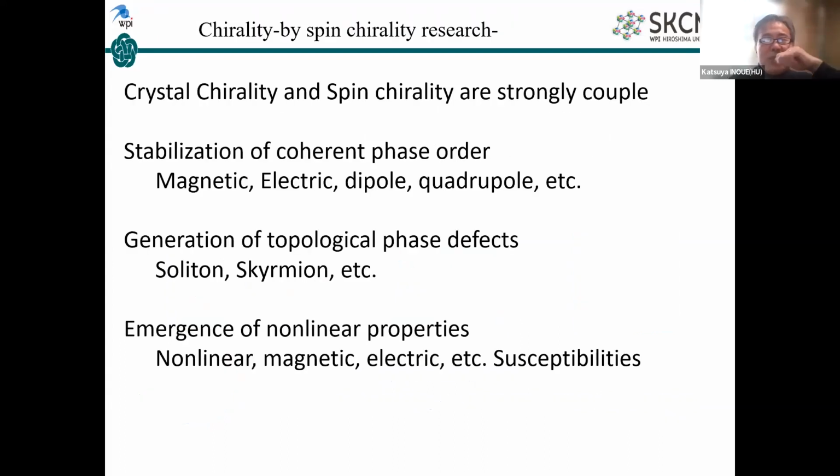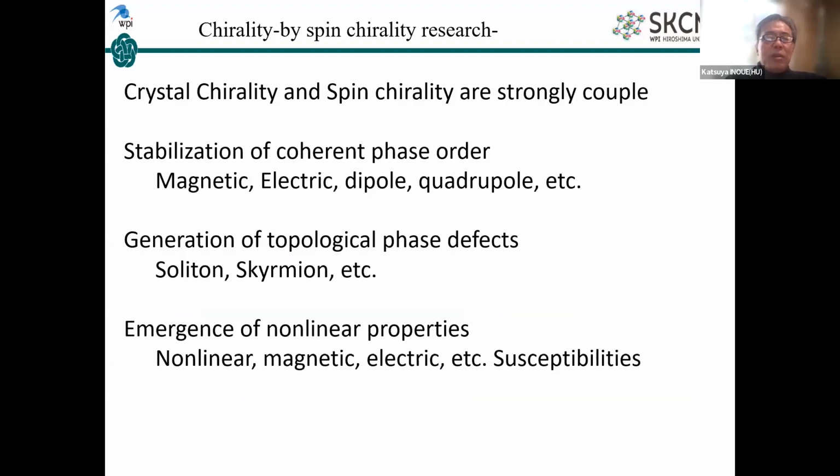We have to remember what I told you last week about chiral magnets and what we find in them. Here is a list of the important features of chiral magnets.